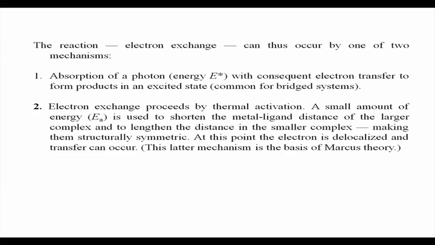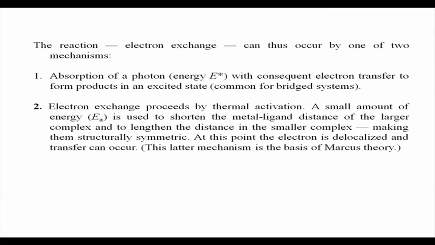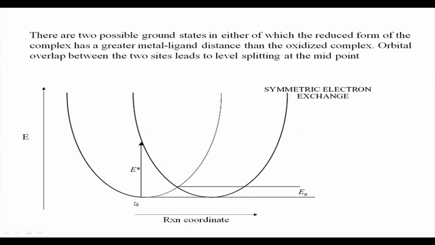That is, the system absorbs a photon and then the electron is transferred, as I told you in the case of exciplex formation. Thereby the system is transferred from a given oxidation state to another state, occurring by electron exchange. Or electron exchange proceeds by thermal activation. So the first is a photochemical activation.